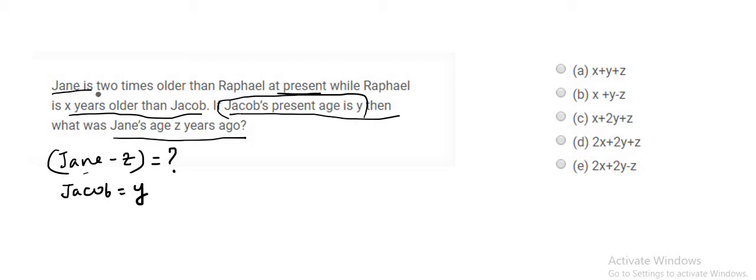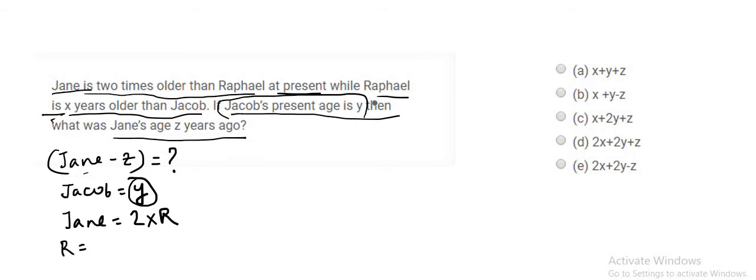Now, it's also told that Jane is 2 times older than Raphael. So Jane is 2 times older than Raphael at present, while Raphael is X years older than Jacob. So Jacob, which we already know is Y, so it says that at present Raphael is X years older than Jacob.